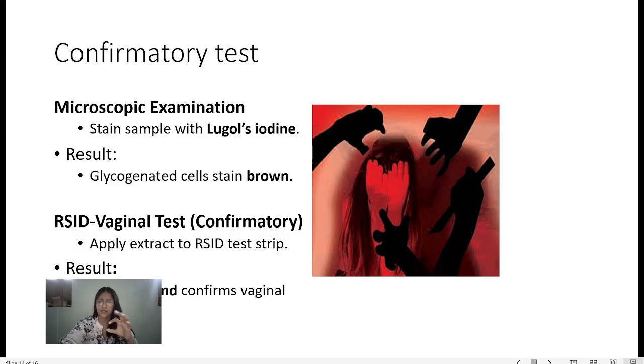If it produces a colored band, then that confirms the presence of vaginal secretion. The significance of this test is that it is highly specific, for humans only. So human stains can be correctly confirmed by this test. This is used very well in modern forensic laboratories.